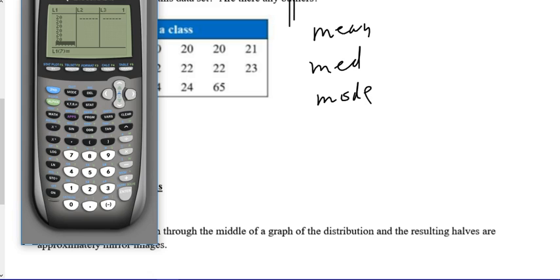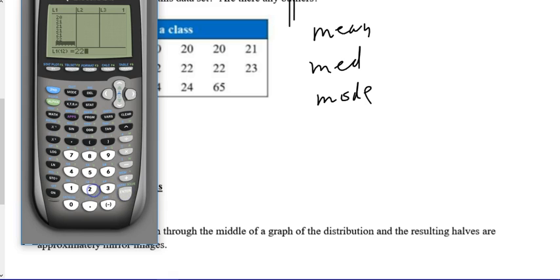And then there's 4 21s. 1, 2, 3, 4. There you go. And then there's 3 22s.